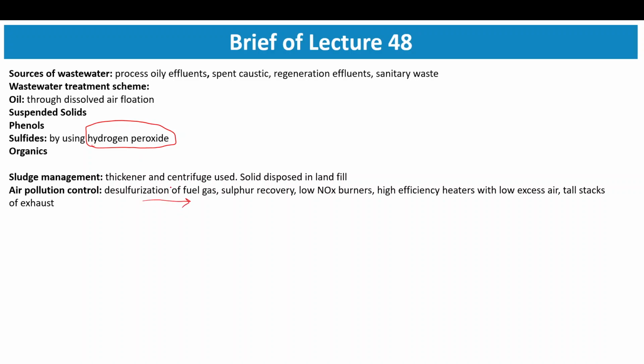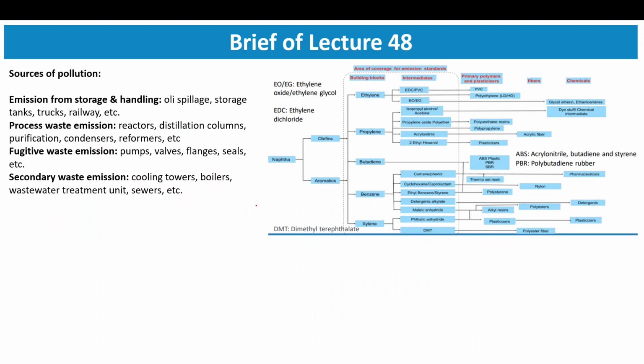Otherwise, you can have SOx in air. Then, if some amount of SOx is released, you can have sulfur recovery. And also, you can use tall exhaust stacks so that nearby residential areas or any people are not contaminated with that.